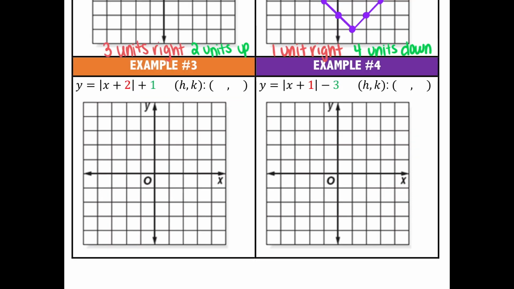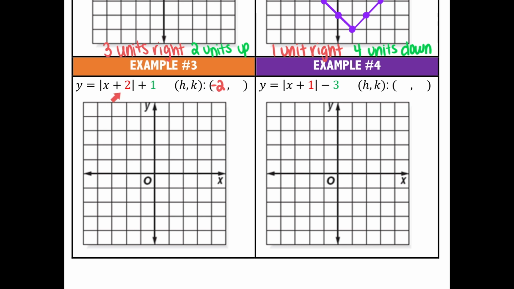For our third example, we have y equals the absolute value of x plus 2 inside the absolute value bars, with a constant positive 1 outside the absolute value bars. Because we see positive 2 inside the absolute value bars, we have to remember to switch the sign so that we know our x value for the vertex is going to be -2.